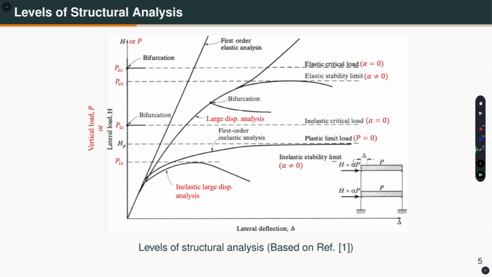If I do an elastic first order analysis, then the relationship between the applied force H and the horizontal displacement delta is basically a straight line. This is the elastic first order analysis.